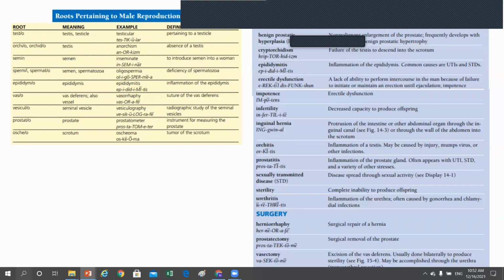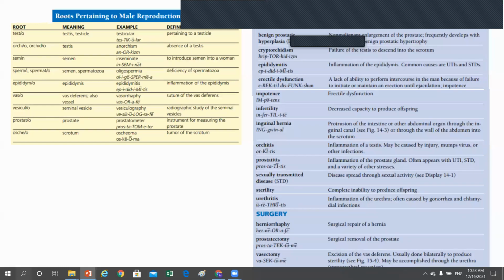We can take an ovum in a laboratory, put the sperms of the husband on it and fertilize the ovum outside the body. When the zygote is formed, we transfer it into the body of the mother, that means into the uterus. Then the embryo and fetus will develop there. So this is called artificial insemination.